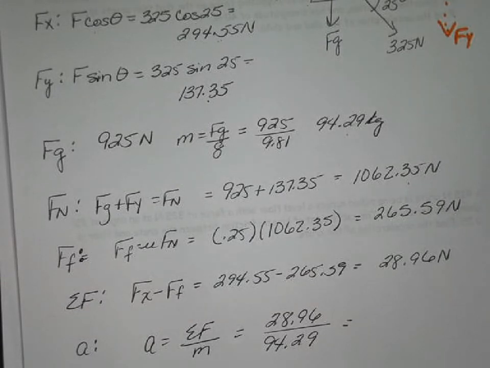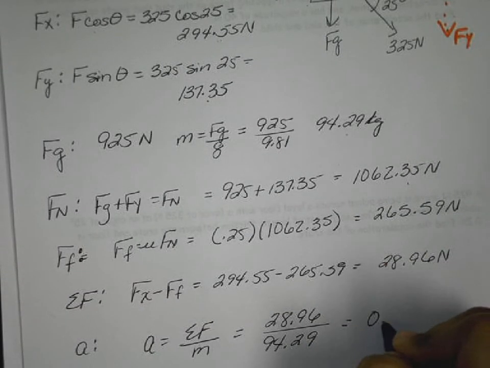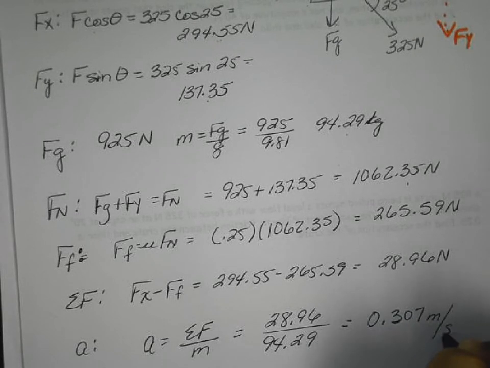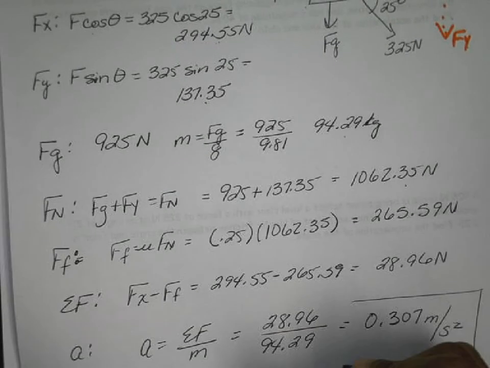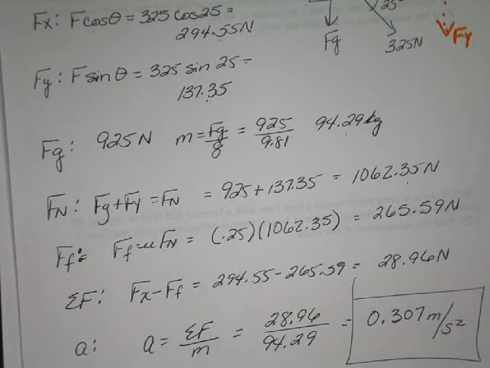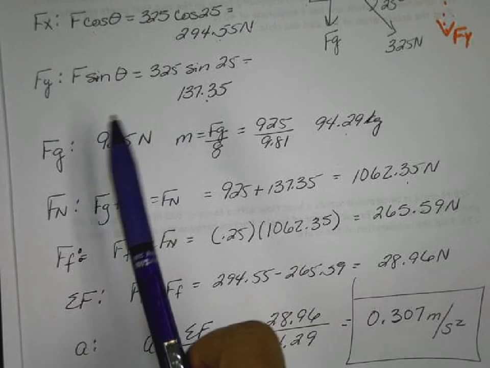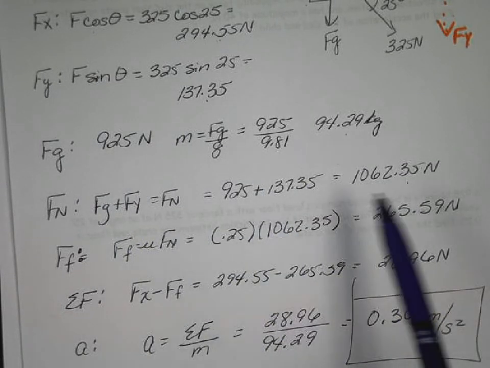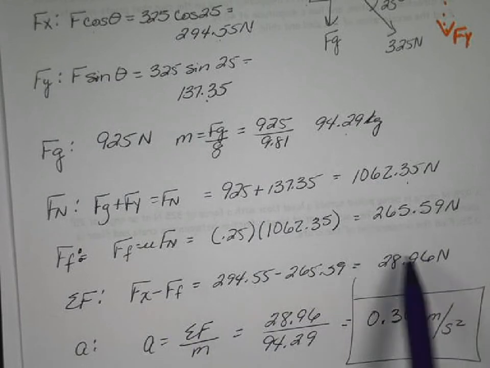Divided by 94.29, and I get 0.307 meters per second squared. We're done. How many points is that? 1, 2, 3, 4, 5, 6, 7, 8, 9, 10, 11, 12, 13, 14, 15, 16, 17, 18, 19, 20, 21.